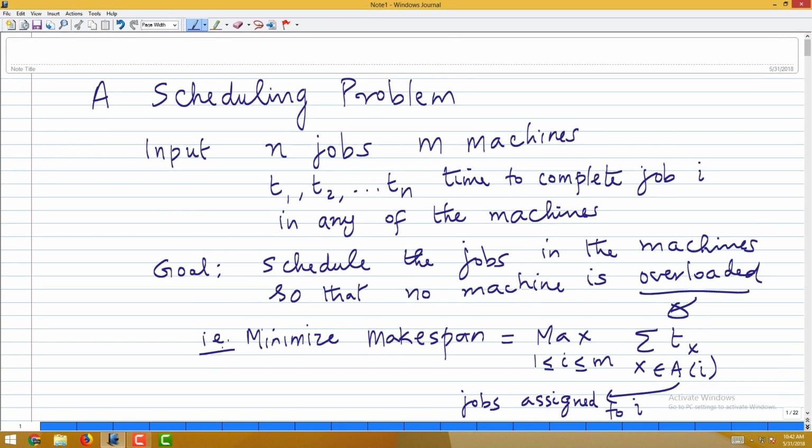You have this, and so there are lots of variations of this. For example, we assume that you take this job and assign it to any of the machines, it is going to take the same time T_i, but this may not be true, right. Some job on some machine may take more time, some machine may take less time.